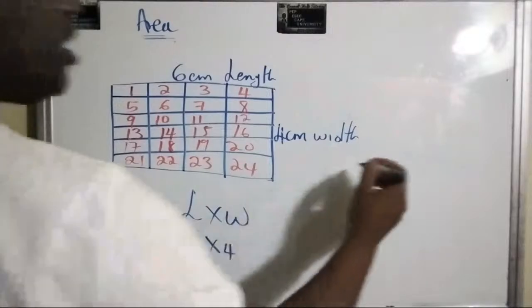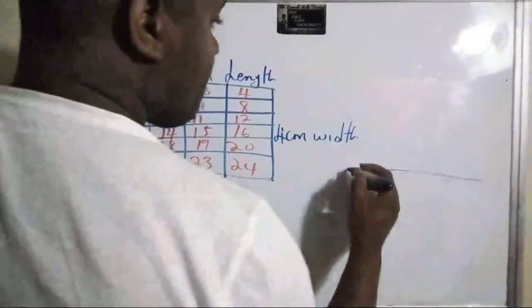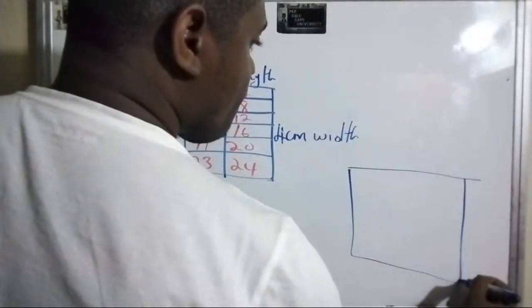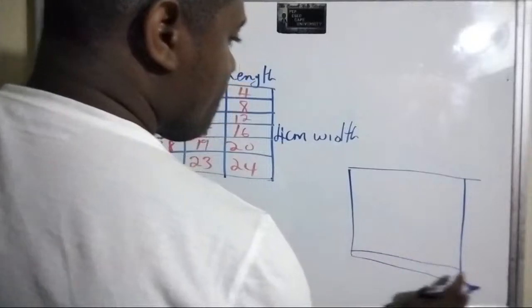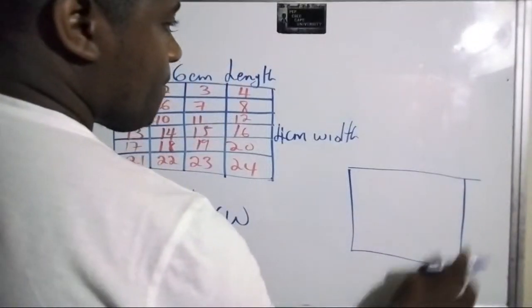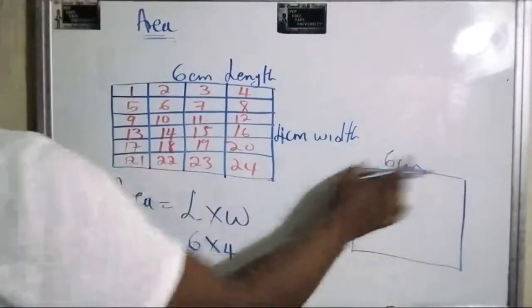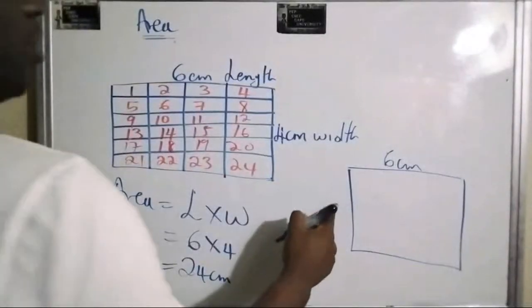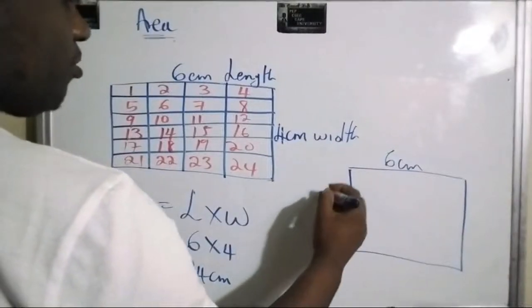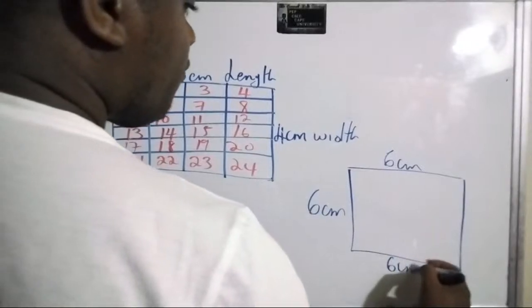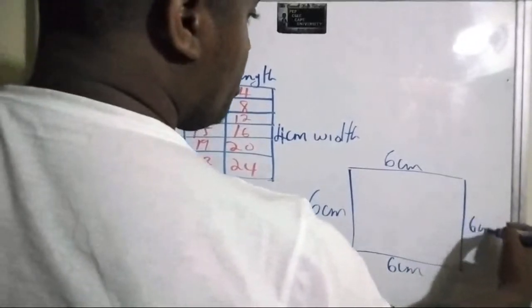Let's say we add a square. 6 centimeter. If this is 6, this side will be what? Also 6. Because with a square, all 4 sides are equal.